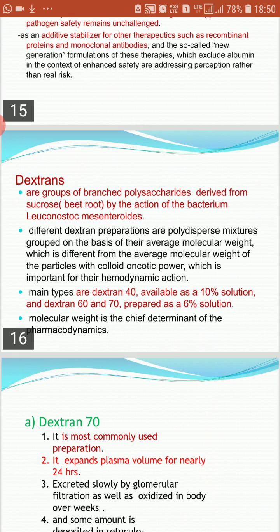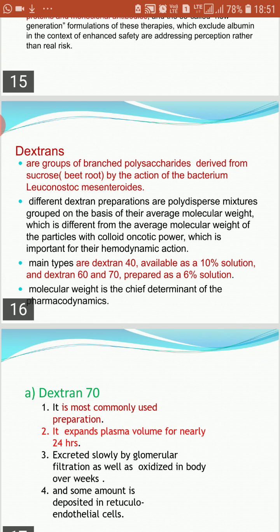The second group is dextrans. They are basically polysaccharides. Dextrose is sugar, so they are polysaccharides derived from sucrose, beetroot, by the enzyme of the bacteria Leuconostoc mesenteroides. They are available in three forms according to molecular weight: dextran 40, 60 and 70.